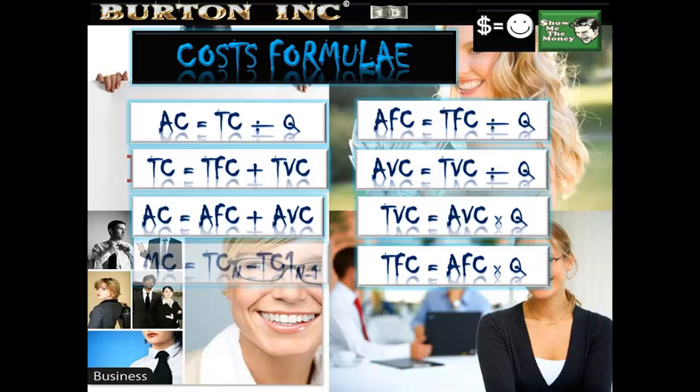Flashing at you, because it's quite important, marginal cost. We're looking at the cost of producing the next unit of output. For example, if the total cost of producing 100 units of a good is $120, and the cost of producing 101 units of the good is $125, then the marginal cost between producing 100 units and 101 units is $5.